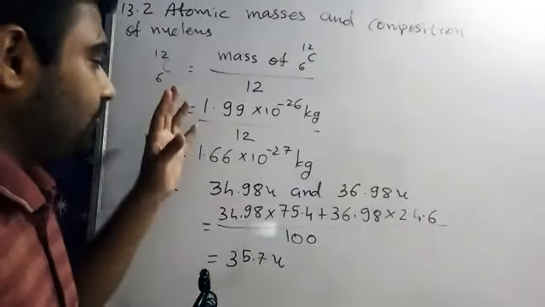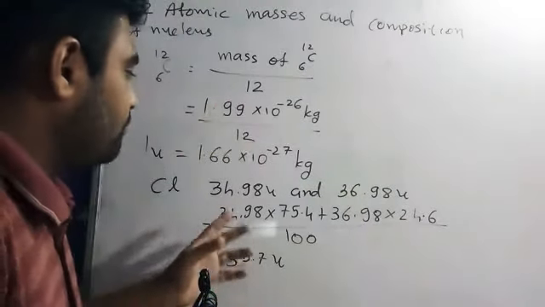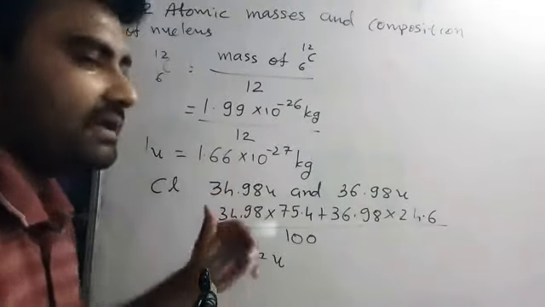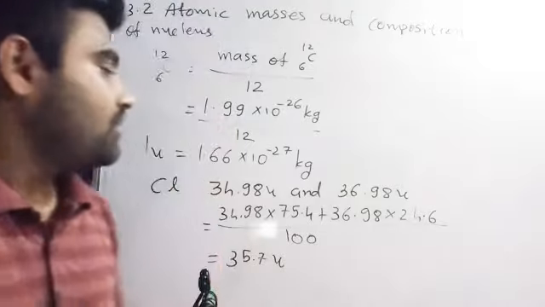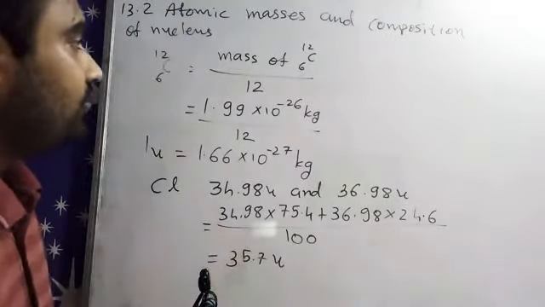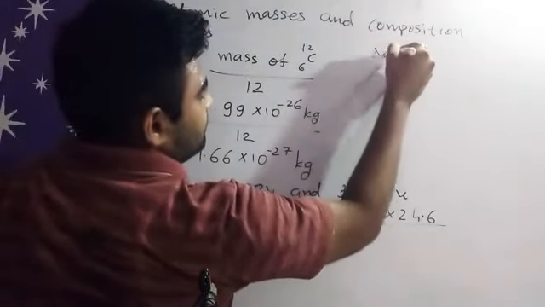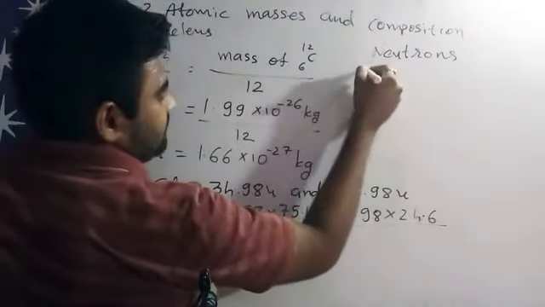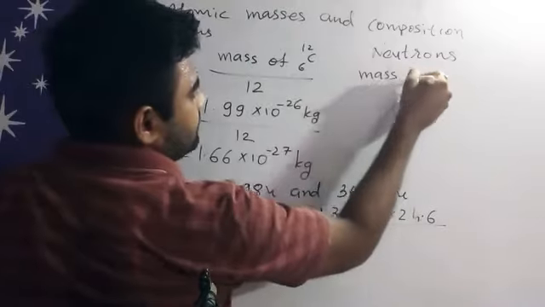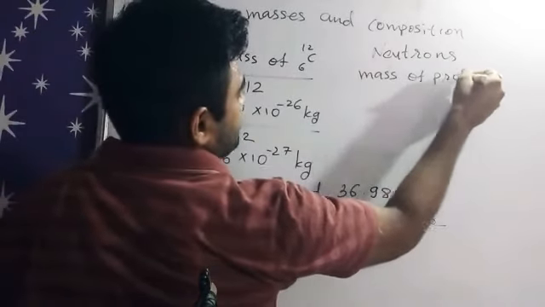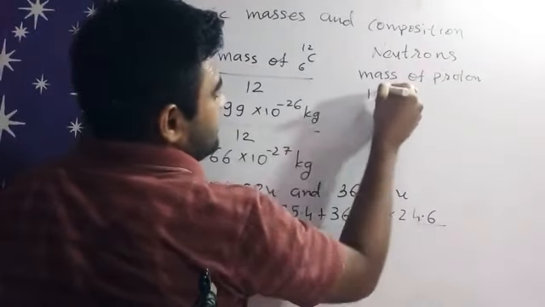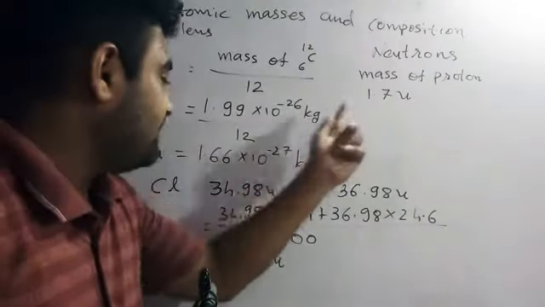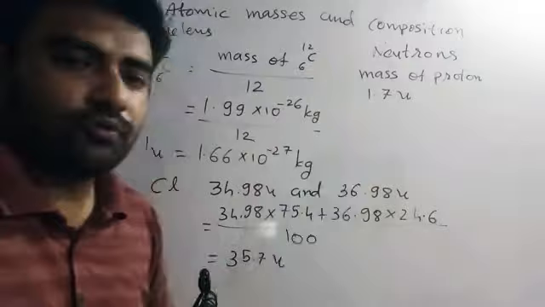So this is about the unit for atoms instead of kilograms. Now we have to talk about neutrons. The mass of one proton is 1.7 into U, so we multiply 1.7 by this value to get the mass of a proton.